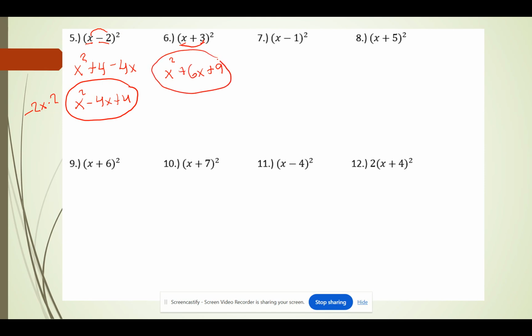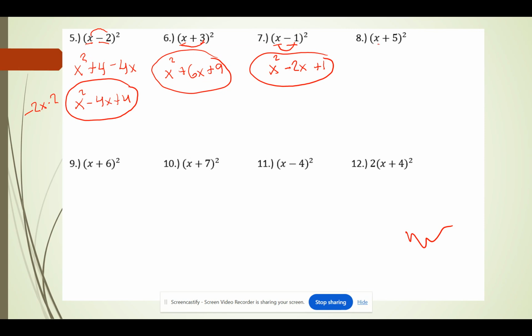Done. Let's try it again. X squared. If you square a minus 1, you get a plus 1. And then multiply these. Hold that in your head. Negative 1x times 2, double it, you get negative 2x. Done.